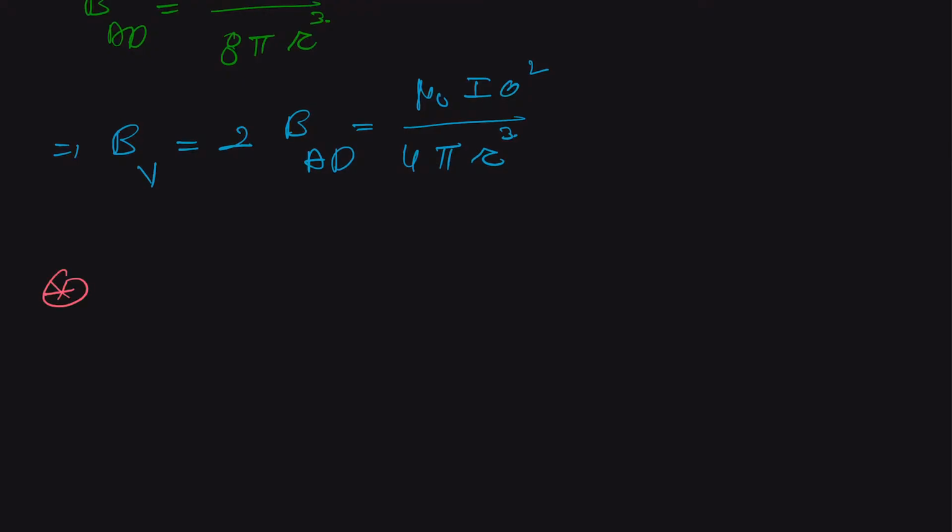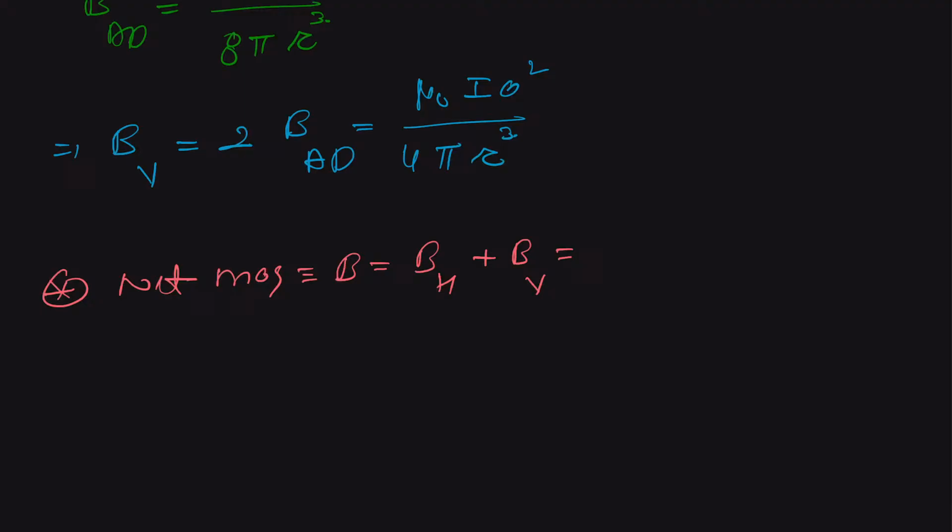Therefore, we can say that the net magnetic field B will be equal to the magnetic field because of the horizontal and the magnetic field because of the vertical, and their signs will obviously be such that one is into and the other is out of the paper, so we can take any one as positive.